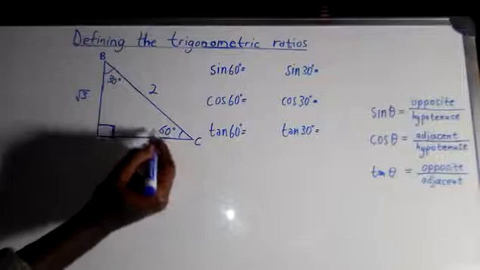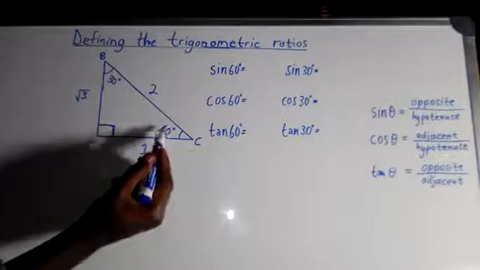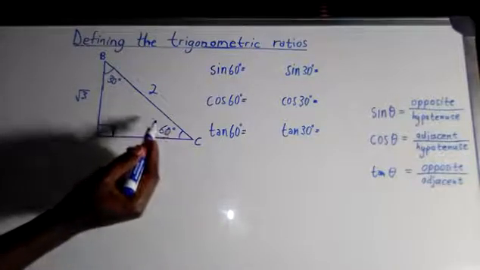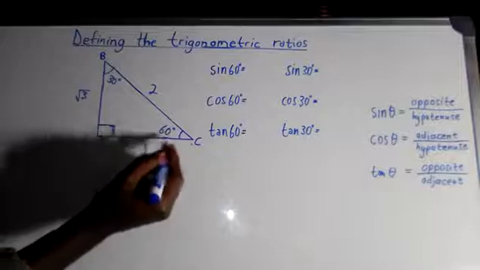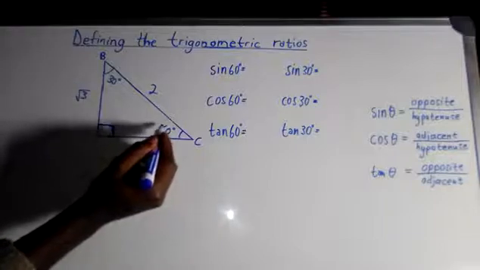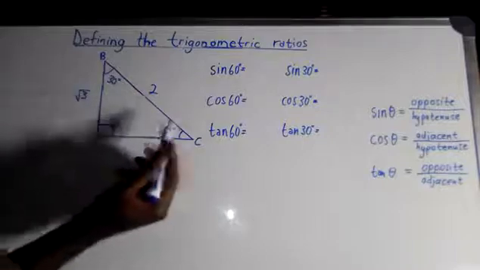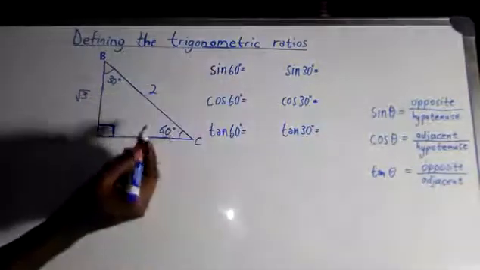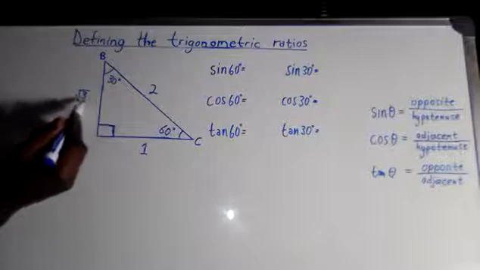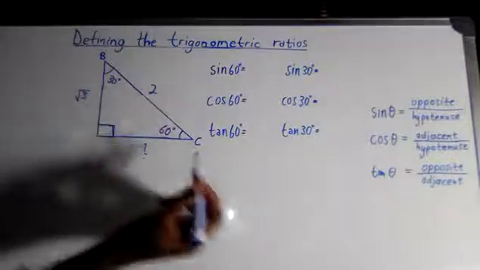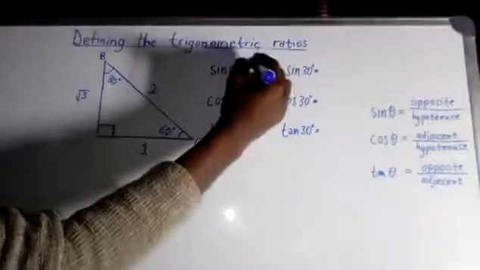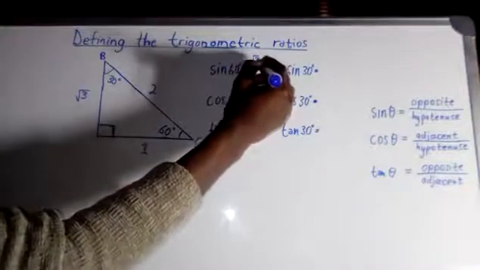Working with 60 degrees, your opposite side is opposite the angle. So your sine 60 degrees is opposite over hypotenuse. So it's root 3 over 2.